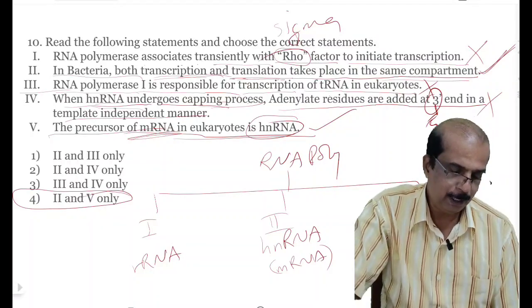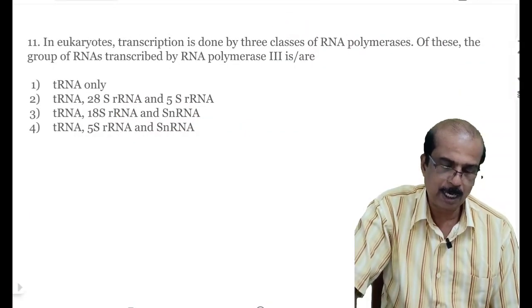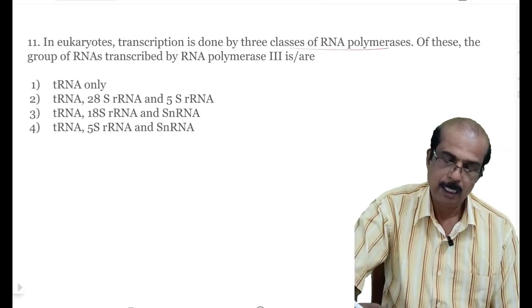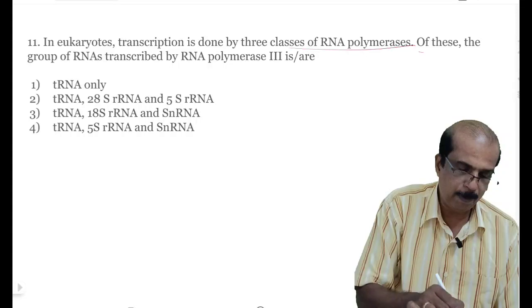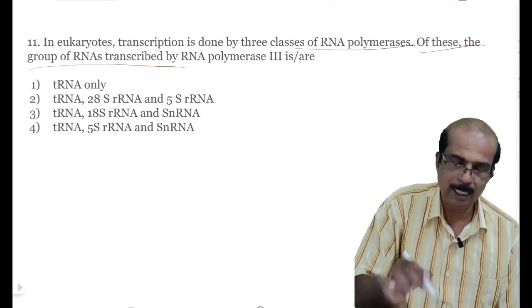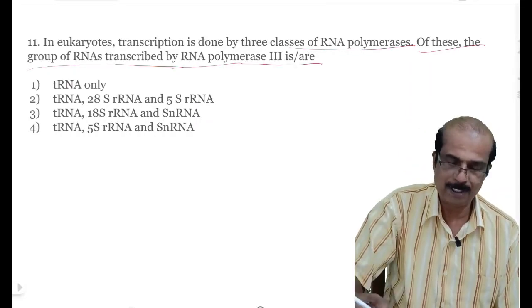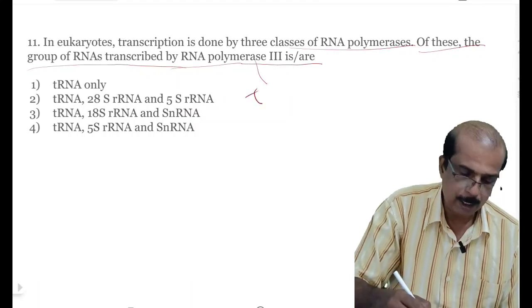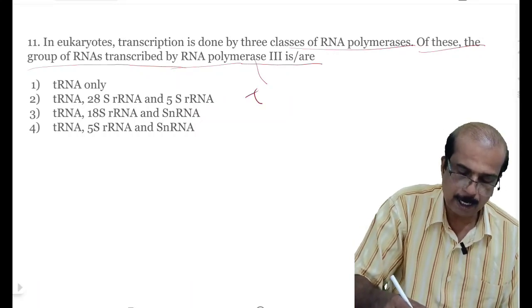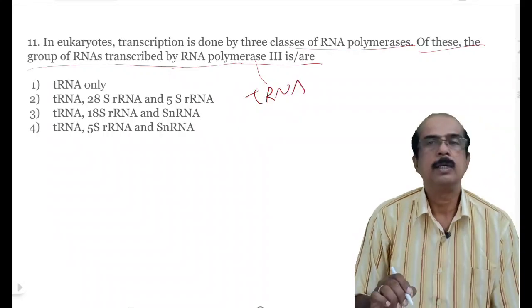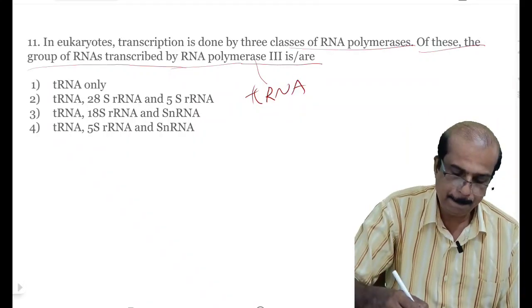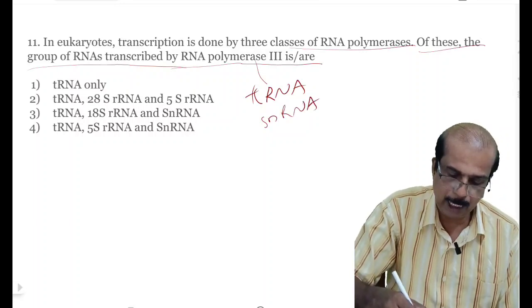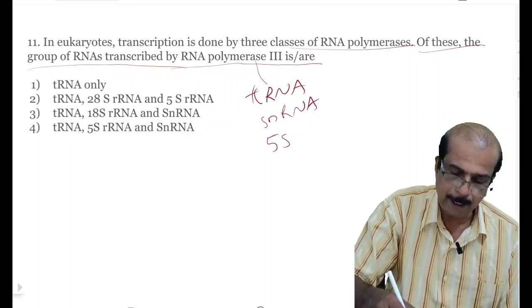Moving to the next question. In eukaryotes, transcription is done by 3 classes of RNA polymerases. Of these, which group of RNAs is transcribed by RNA polymerase 3? RNA polymerase 3 mainly transcribes tRNA in eukaryotes. Besides tRNA, the small nuclear RNA and 5S rRNA are transcribed.